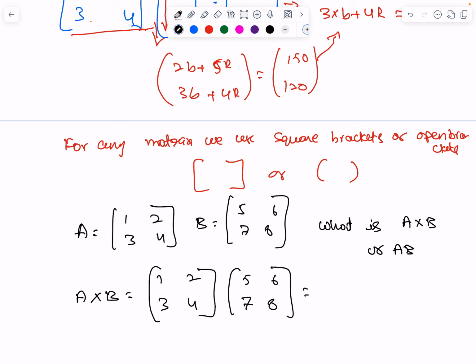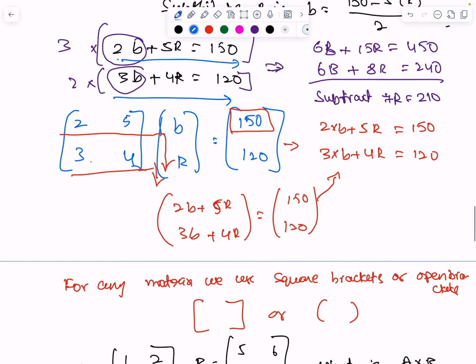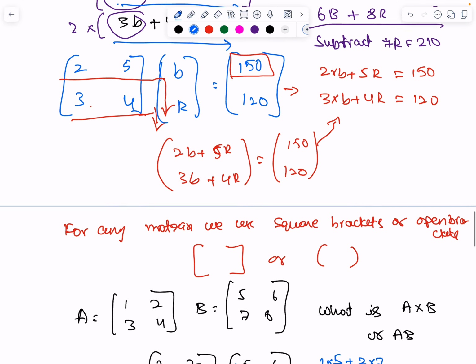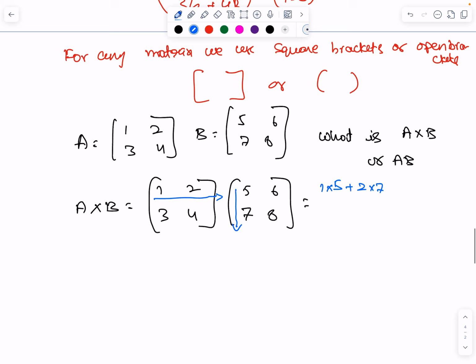According to the definition which we have seen earlier, this row must be used to multiply this column. That is 1 into 5 plus 2 into 7. Once that is done, we don't have any further columns, but fortunately or unfortunately we have an extra thing. Fortunate is to learn more concept. Unfortunate thing is that you have to perform extra calculations.